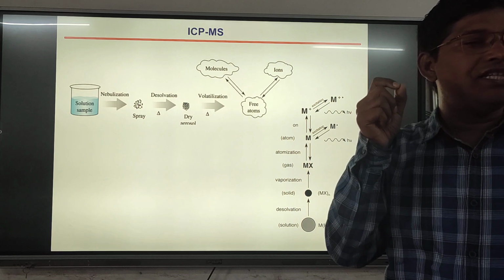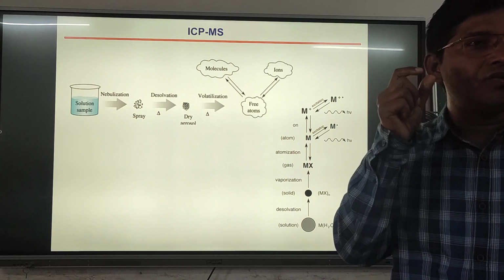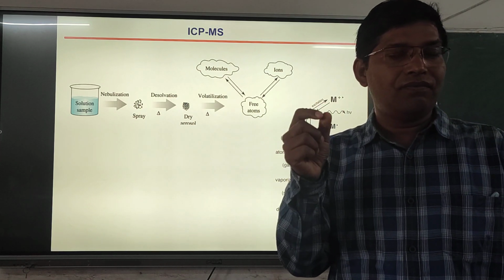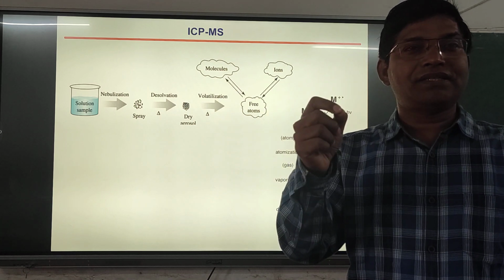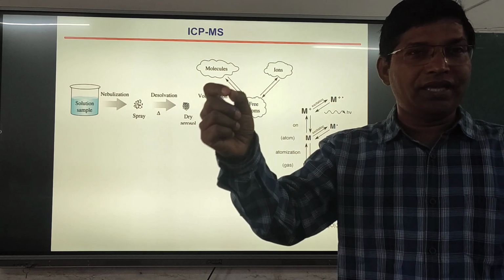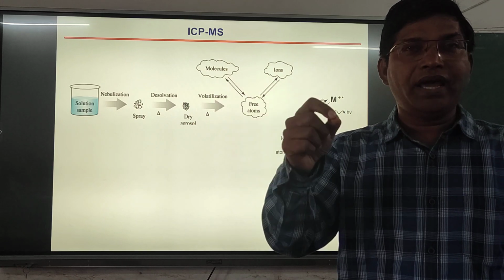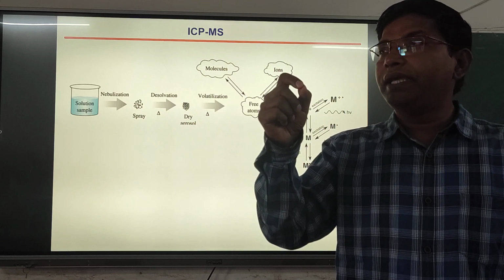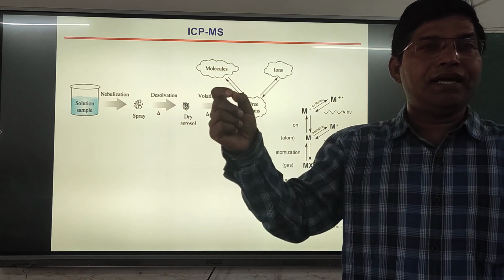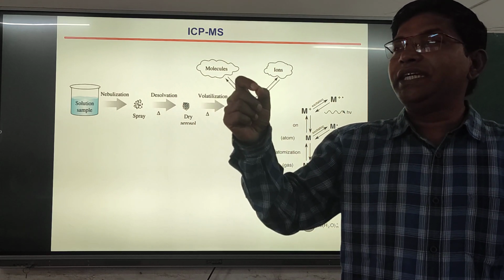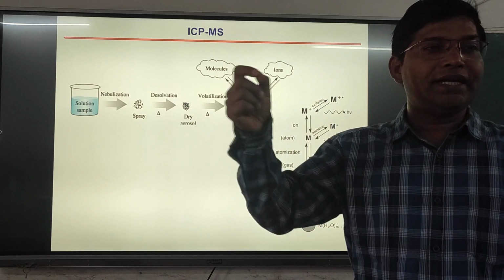In all the spectroscopic techniques there should be some condition. In mass spectrometry the elements should be ionized, so M becomes M plus, in the form of cations, cationic form.